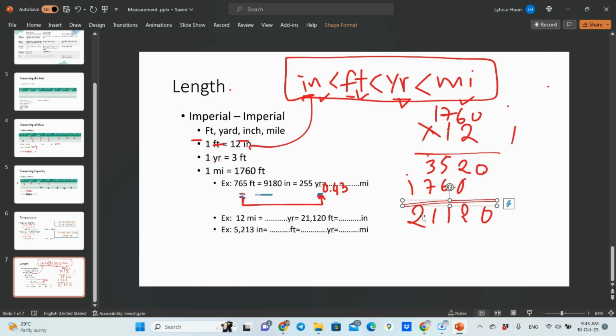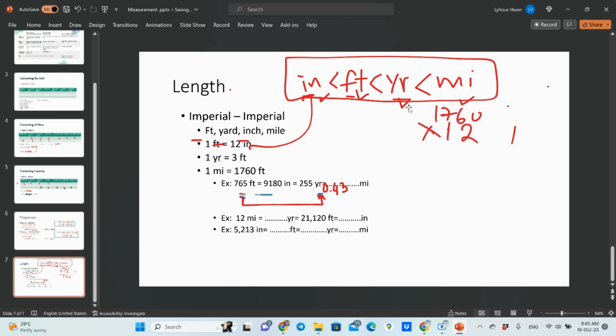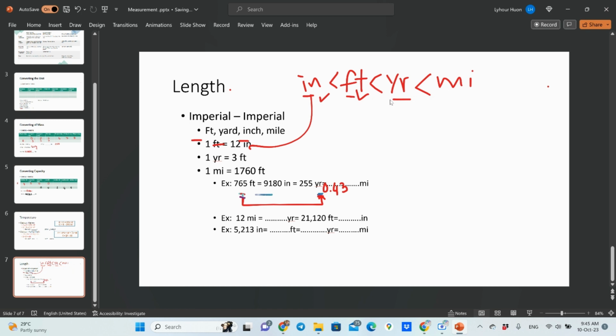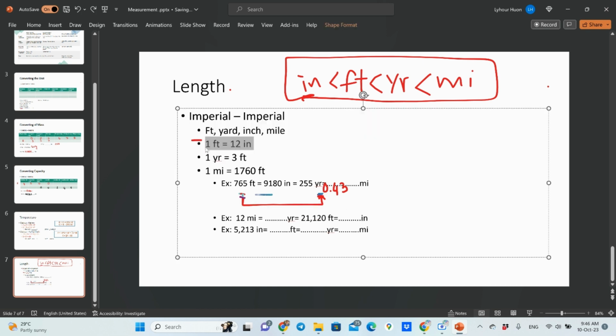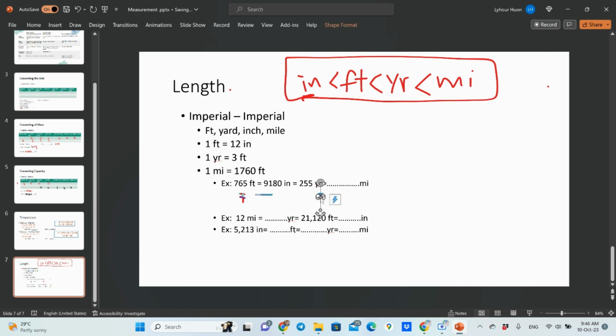Oh, I forgot what I was doing. So feet to yard, feet to yard is, right?